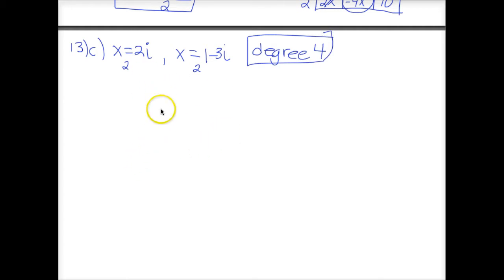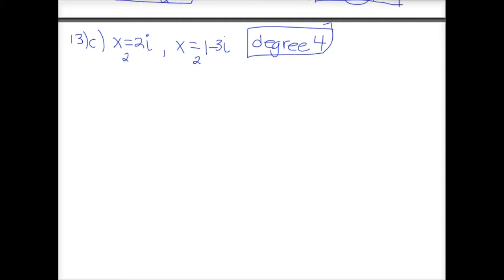All right, so that wraps up activity 17. When we're looking at the ones for activity 18, the first 8 are matching a description with a graph. So I just am going to go through just a couple of them for how I knew which graph it was. So number 1 told you that it was an even function with no real roots, and it had a positive leading coefficient.